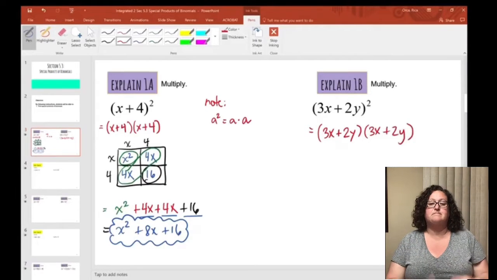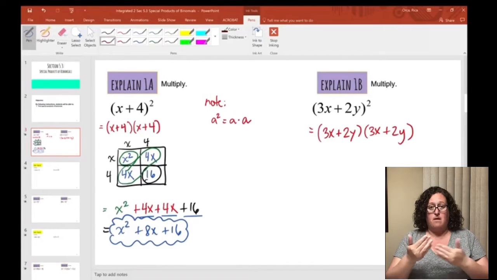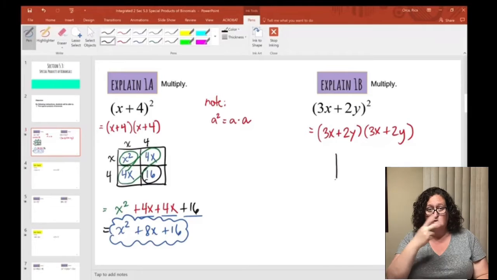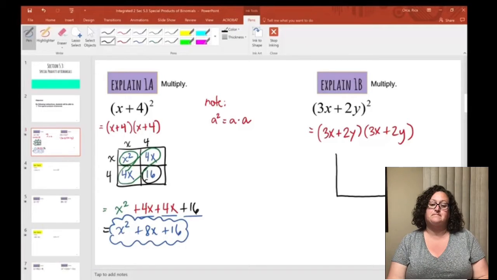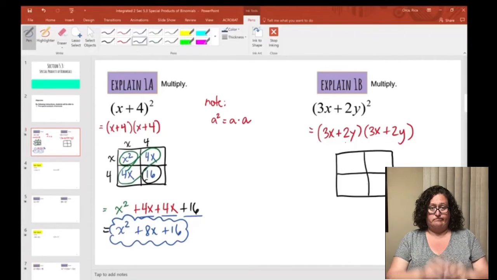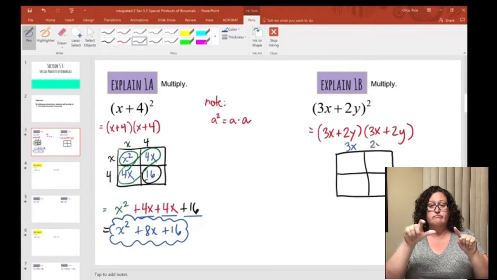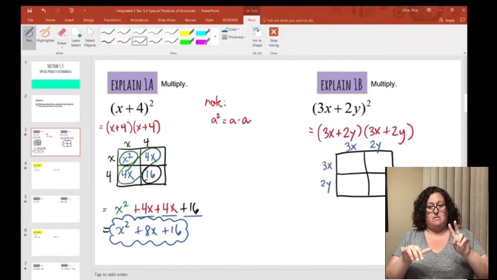Now we want to draw our box, and our box is going to have 2 columns and 2 rows. On the top of our box, let's go ahead and write 3x and 2y. On the left side of our box, let's write 3x and 2y because of our second binomial.